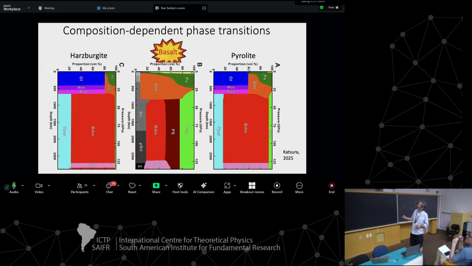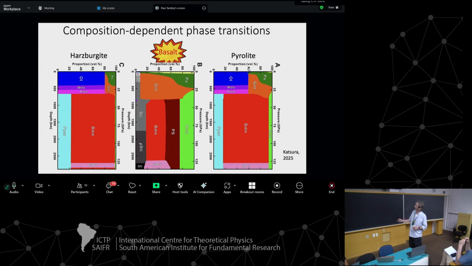Now this is just reminding you of what we've seen already. There are phase transitions here, and also the phase transition to post-perovskite. Here it's shown at this depth for bridgmanite and a slightly shallower depth for bridgmanite when you have basalt.